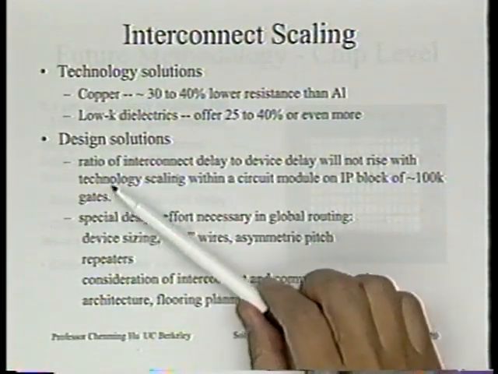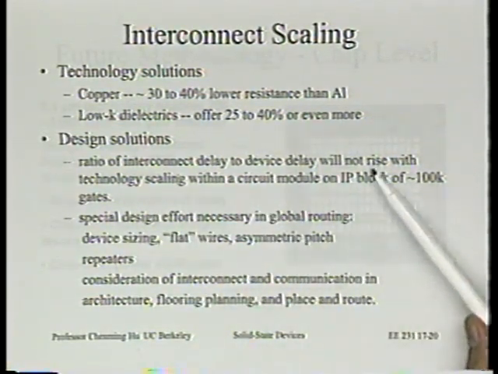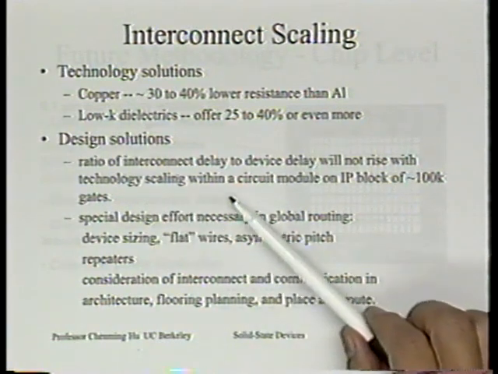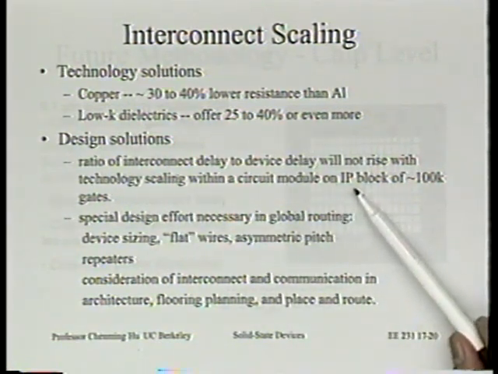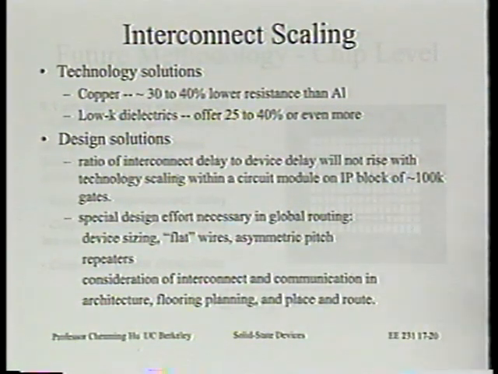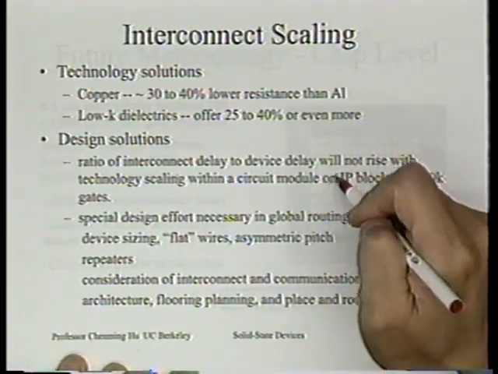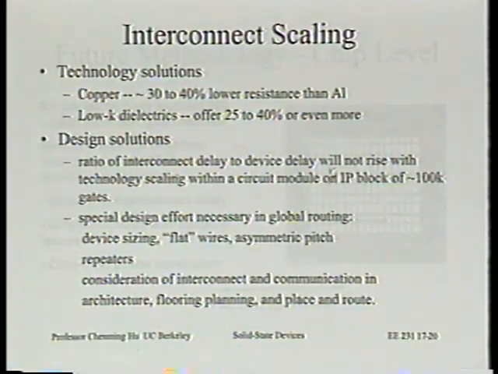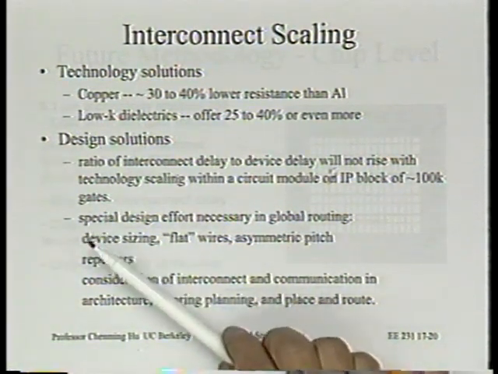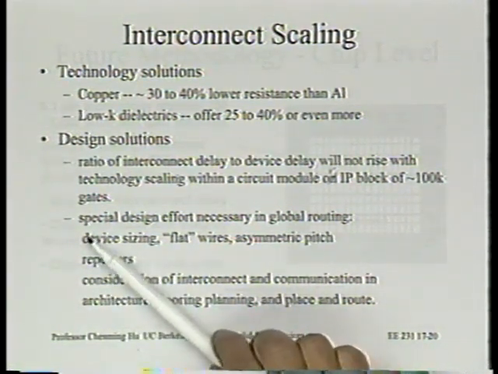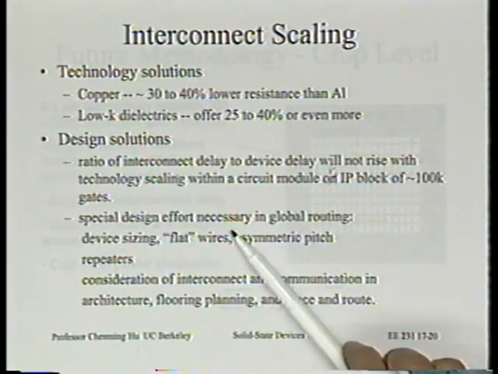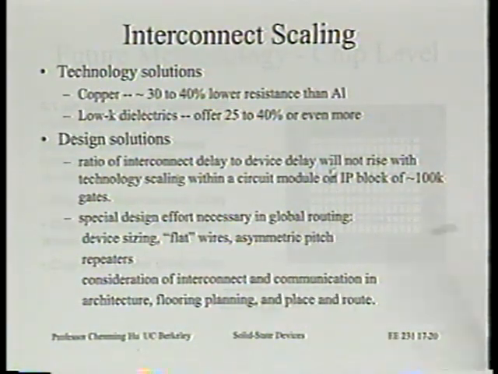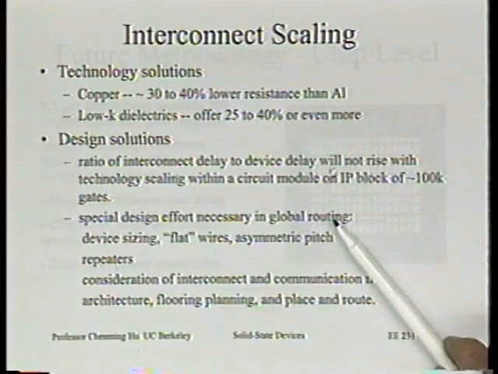And the ratio of interconnect delay to device delay will not rise with technology scaling within a circuit module or IP block, of about 100 kilo gate or IP module, all right? So one can then concentrate on the interconnection of the IP modules. Special design effort is necessary for this, really global routing among the IP modules.